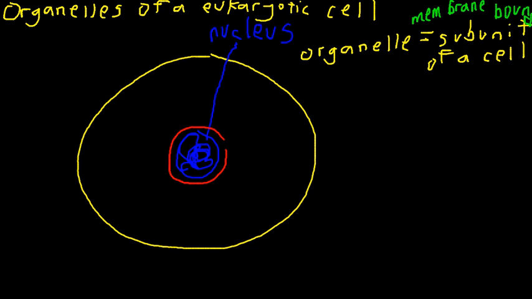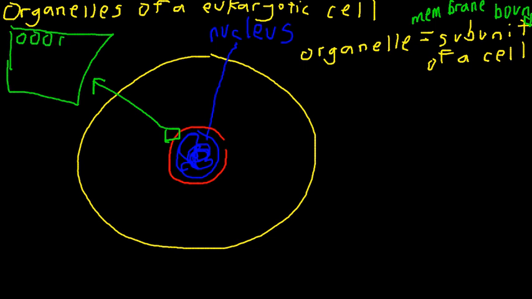Now, before we go any further, we should probably talk about what a lipid bilayer is, since every organelle has a lipid bilayer. So, I'm going to zoom in on this area right here. This is what the structure of a lipid bilayer looks like.